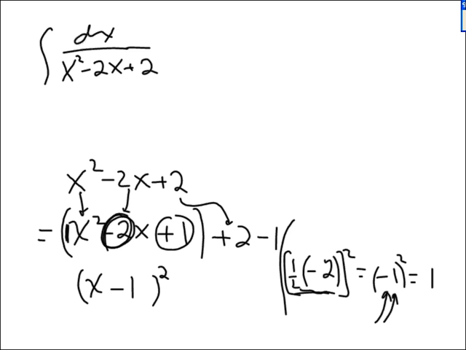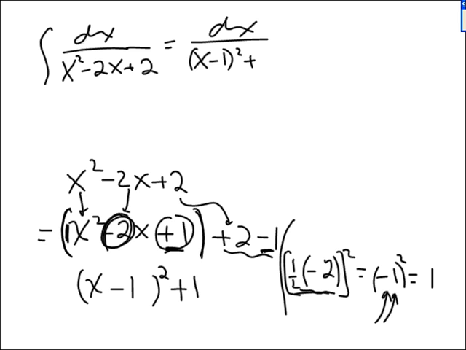You have other stuff. Oh, don't worry. Plus 1 minus 1 is 0. You can add 0. What's inside the brackets is x minus 1 squared, and positive 2 minus 1 is positive 1. This bottom is the same as x minus 1 squared plus 1 squared.